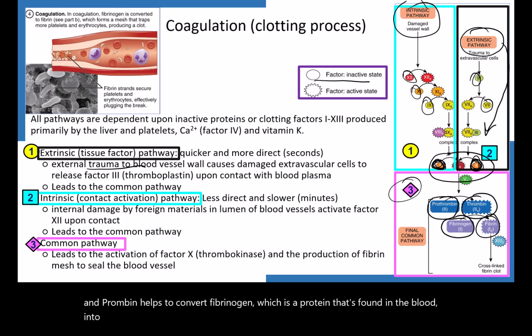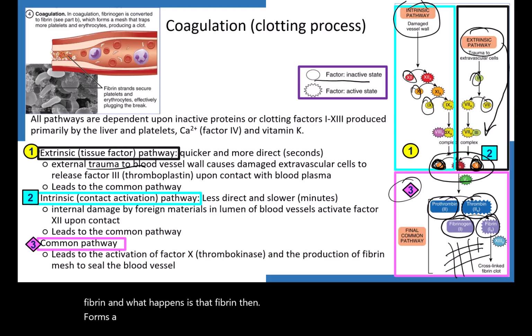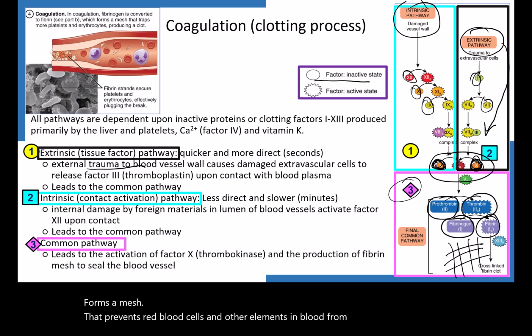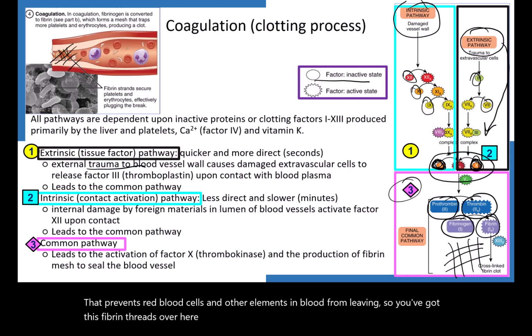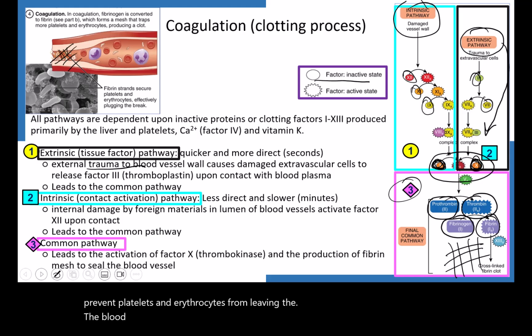Fibrin then forms a mesh that prevents red blood cells and other elements in blood from leaving. So you've got these fibrin threads forming a mesh similar to gauze to prevent platelets and erythrocytes from leaving the blood vessels, so it prevents blood loss.